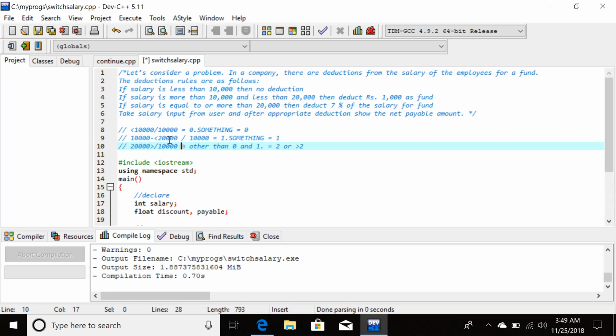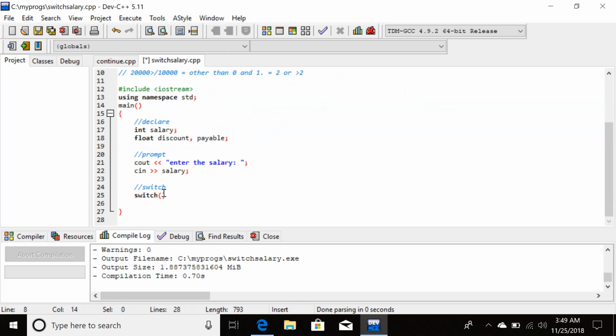So this is the logic: whatever the salary is, we divide it by 10,000 and look at the output value. Salary divided by 10,000 will generate a single value, and we have to check against that single value. So the first case is that the value will be 0.